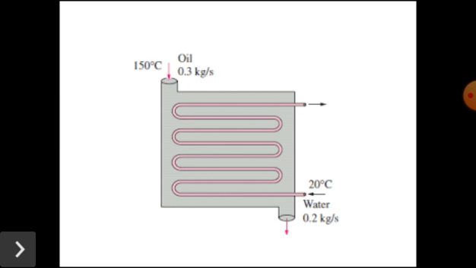Here you can see how many U-like designs there are in this tube. You can count 1 2 3 4 5 6 and 7. Totally 7 tube passes are there in this type of multipass shell and tube heat exchanger.